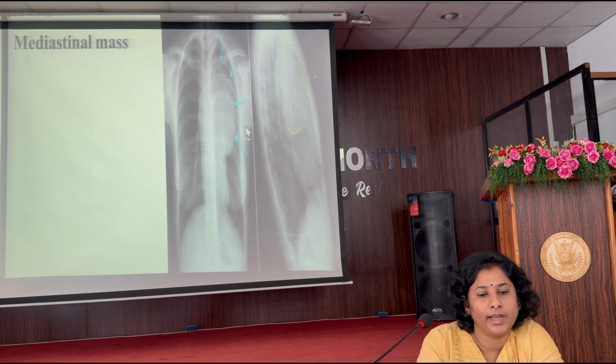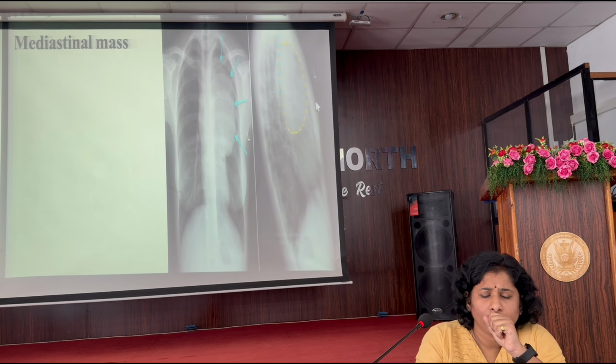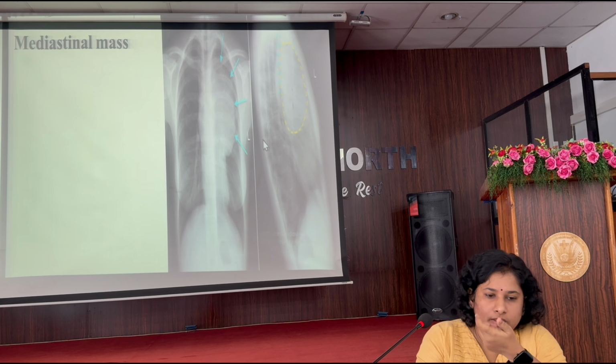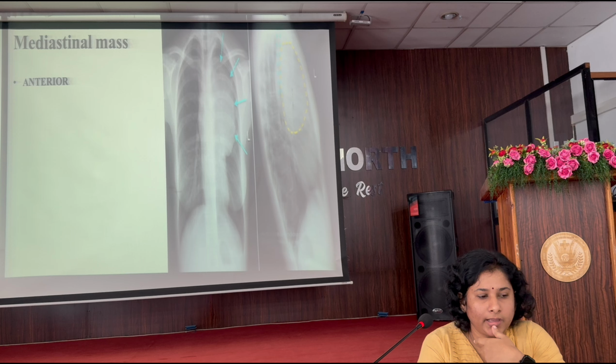So this is a purely anterior mediastinal mass, where you can see the retrosternal space is obscured, and you can see the hila clearly. And there is no posterior mass in the lateral X-ray. So this is an anterior mediastinal mass. There are four T's: teratoma, thymoma, terrible lymphoma. Those are the differentials for the anterior.